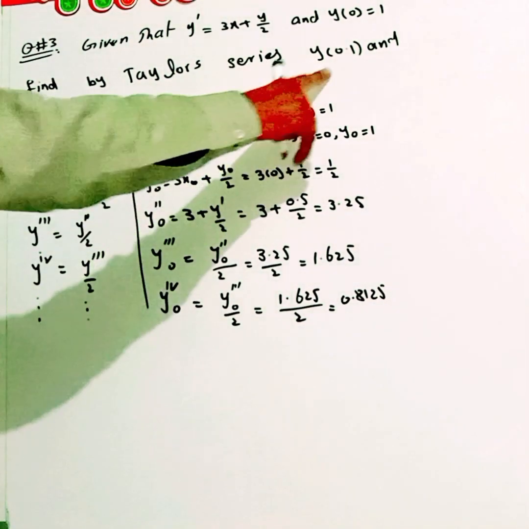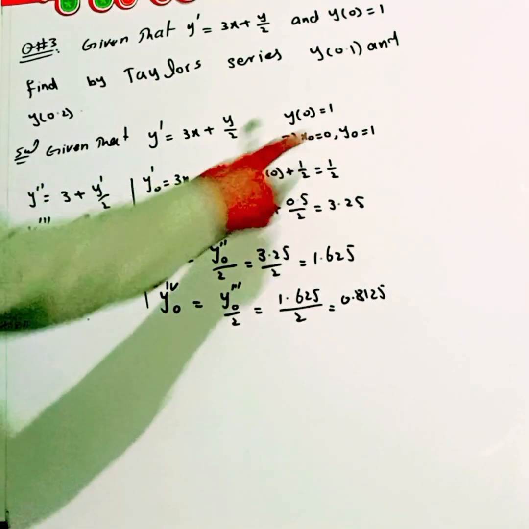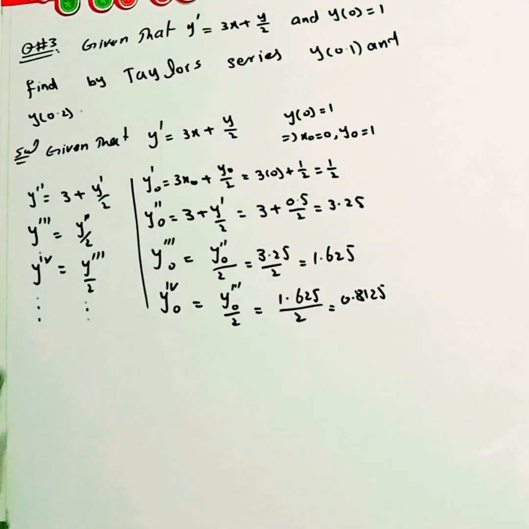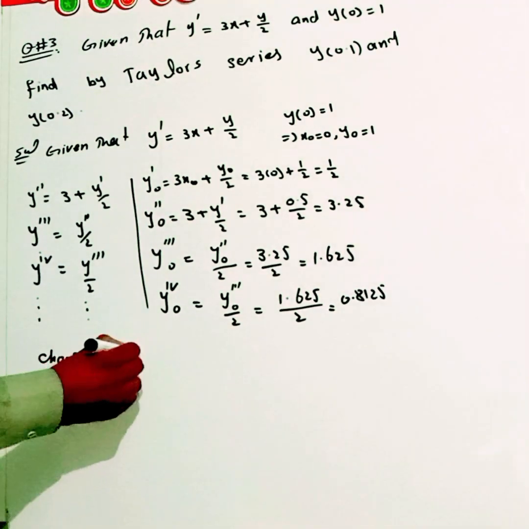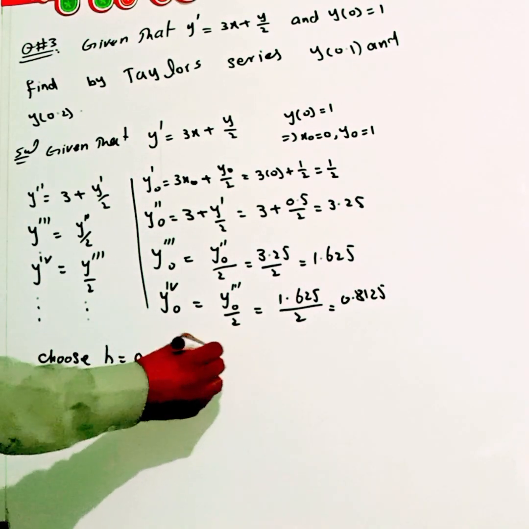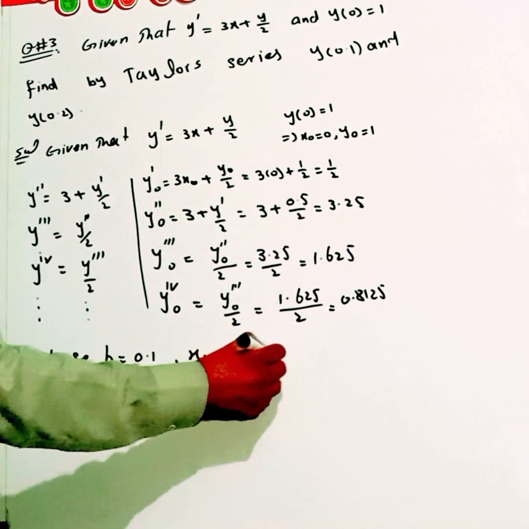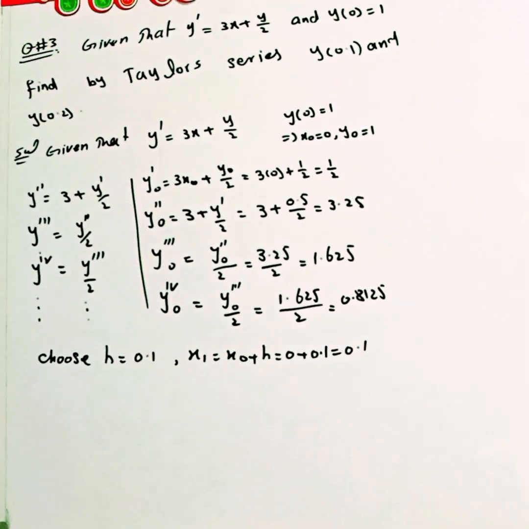Since first we find y of 0.1 and here we are given x naught is equal to 0, so we have to choose a step size. Choose h is equal to 0.1 as the step size. Then x1 becomes x naught plus h is equal to 0 plus 0.1 is equal to 0.1.